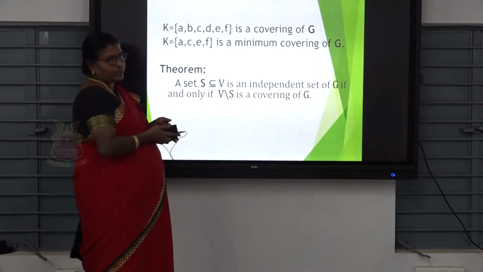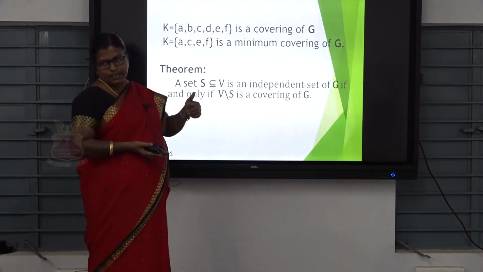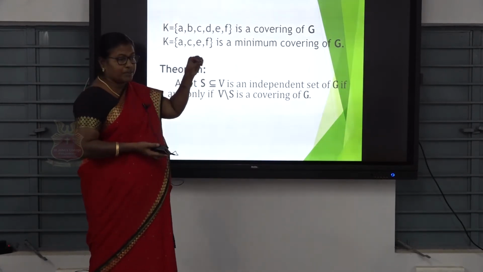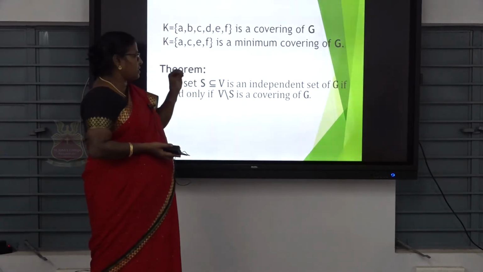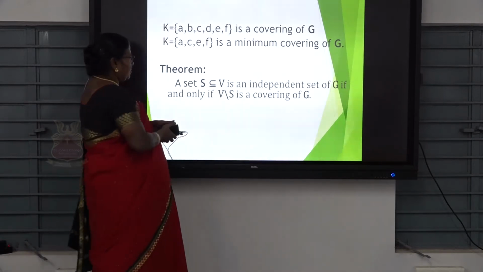Now we have the first theorem in this unit, connecting independent sets and coverings. We are not talking about maximum independent set or minimum covering. We are talking about just independent sets and coverings of G. What is the statement?